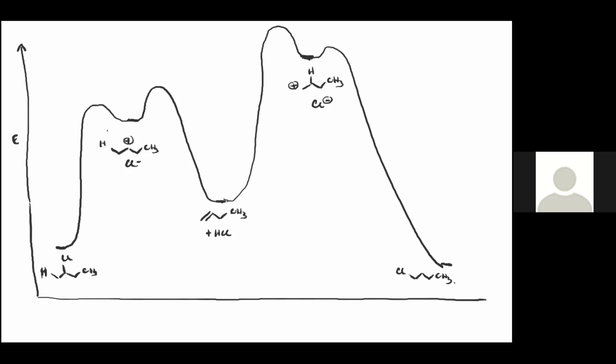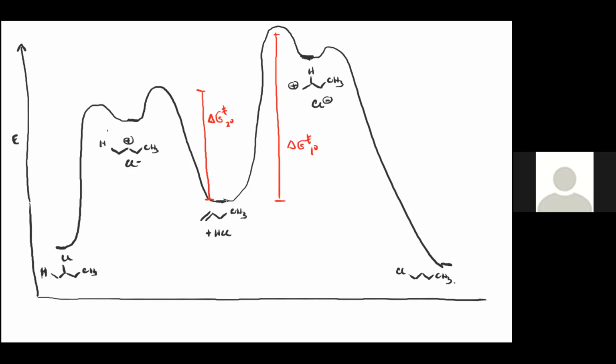And the key point is that the activation energies for these two processes are different. So this is the delta G double dagger, we can call it for the secondary cation. And this is the delta G double dagger for the primary cation, okay?